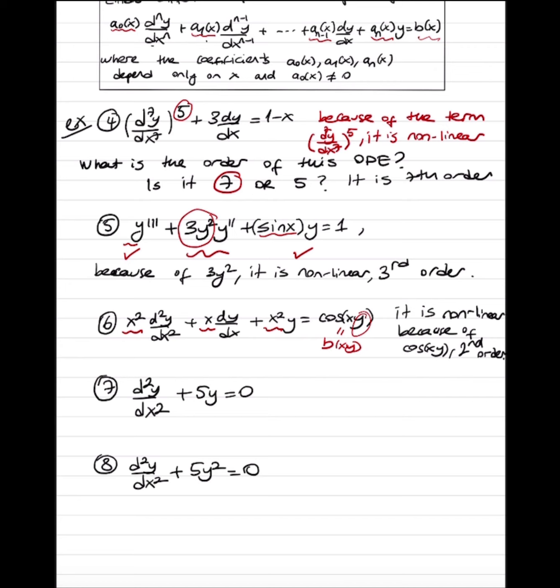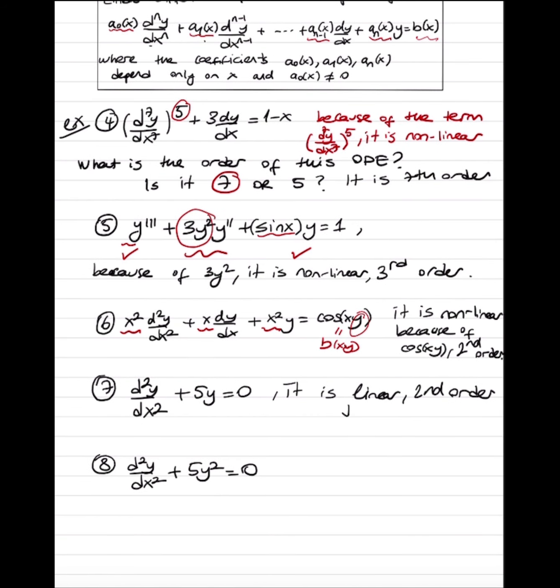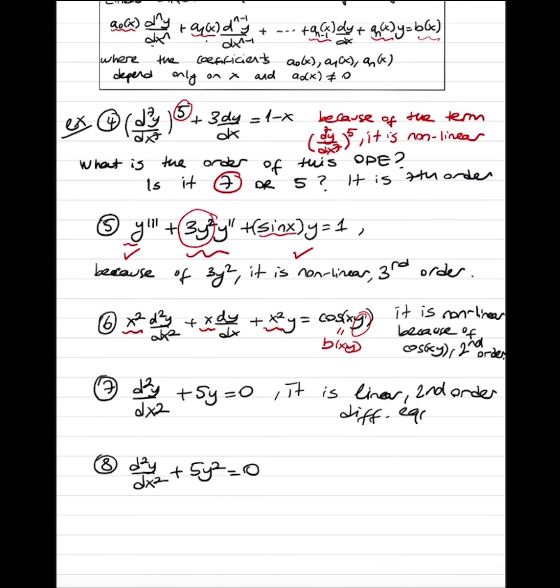So that's why the first one is a linear second order differential equation. But the second one is like 5y times y, so the coefficient a0 should be a function of x, but it depends on y, right?